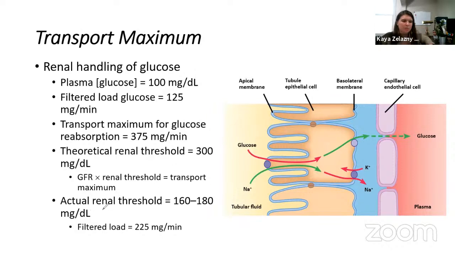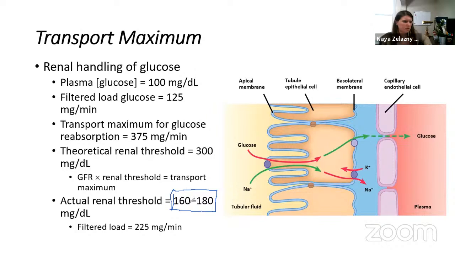So the actual renal threshold for glucose is only in this range of 160 to 180 milligrams per deciliter. So as soon as your blood concentration of glucose starts to get into or above this range, and this depends a little person to person, this is when you're going to start to have spillover into the urine.